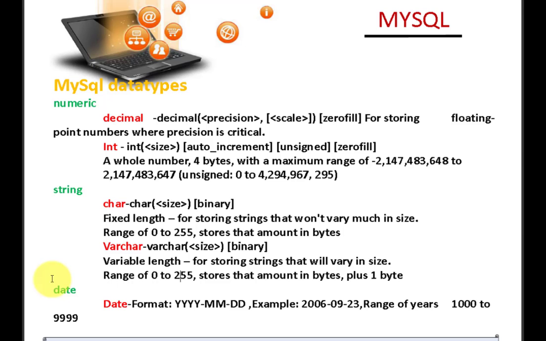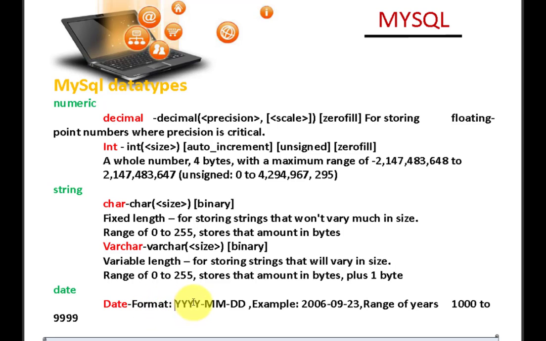Now, if you want to create a column like date of join, and store the value in the format of a date, you can use that column as the date data type. Its syntax is date. You only assign date, and its format is used when you store records in that column.